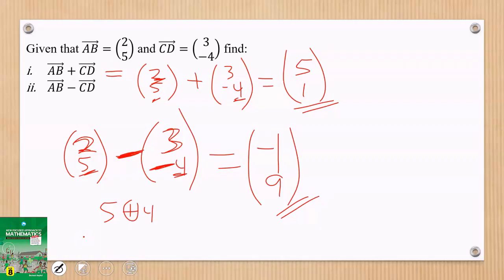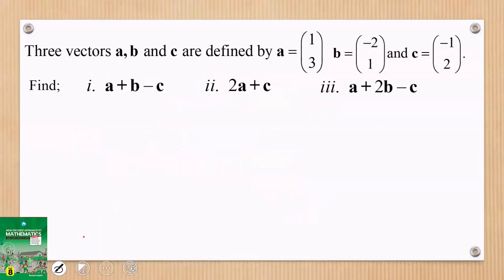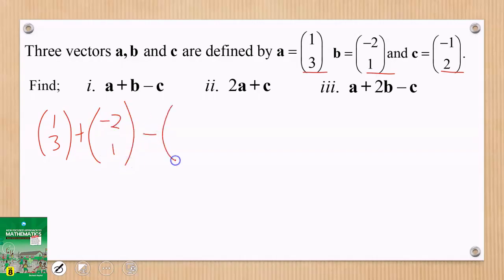Good. Let's take another example. Let's say you have vectors A, B, and C defined like this. The first question says we should find vector A, which is (1, 3), plus vector B, which is (-2, 1), minus vector C, which is (-1, 2).